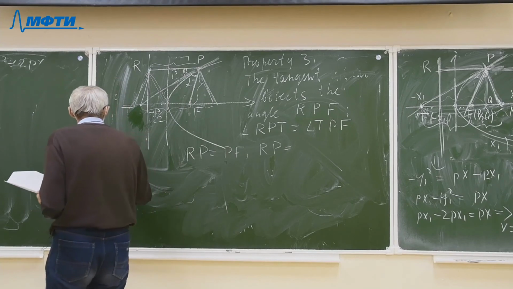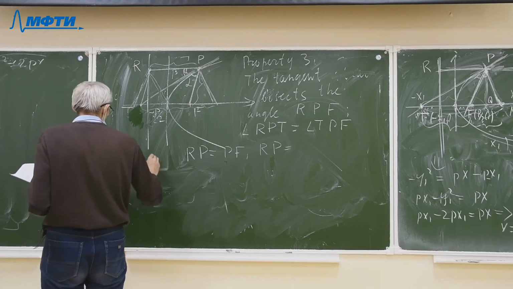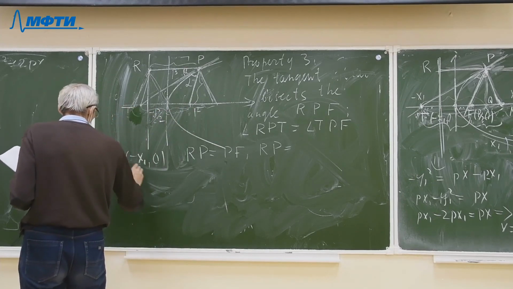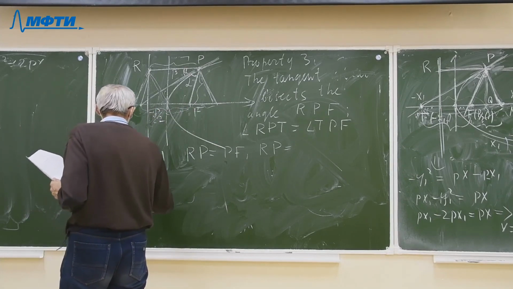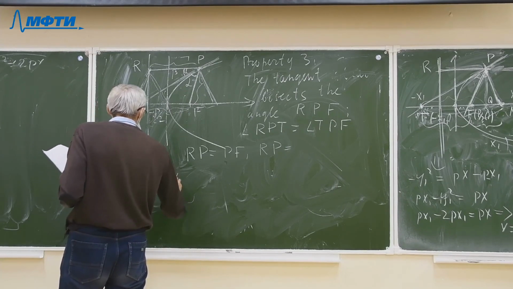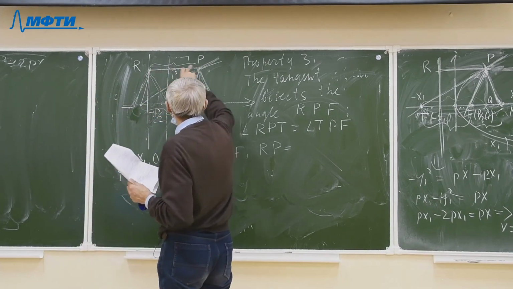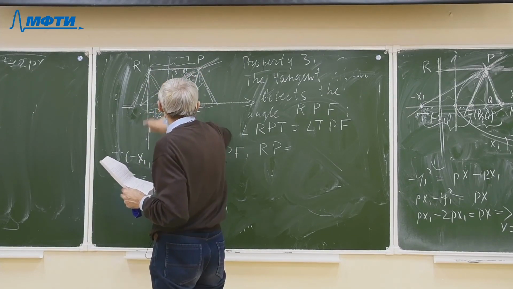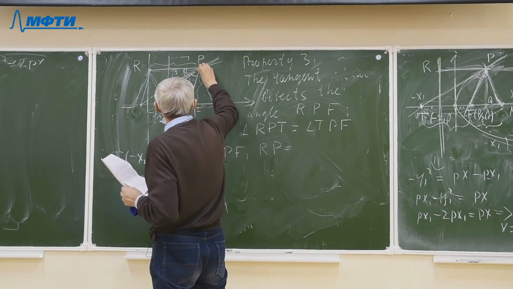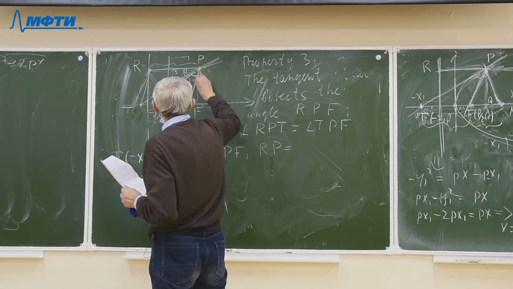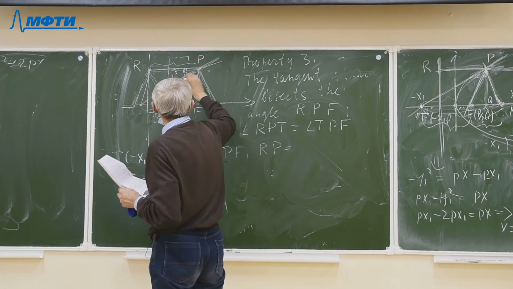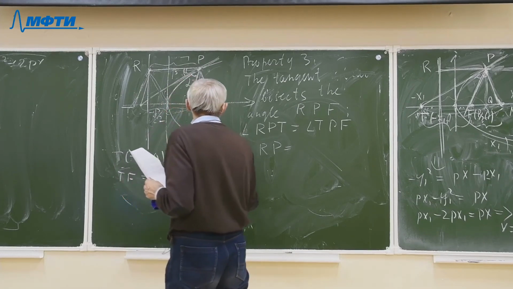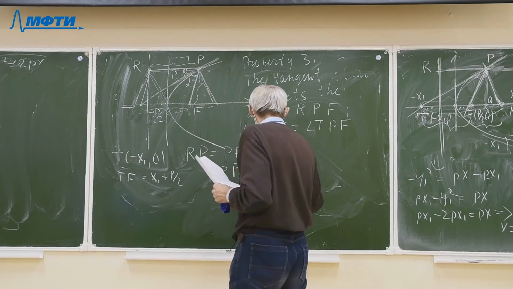The coordinate of T is equal to minus x1, 0, and TF is equal to x1 plus p divided by 2, and this distance is equal to x1 plus p divided by 2, and this segment RP is equal to PF, and we obtain that TRPF is a rhombus.